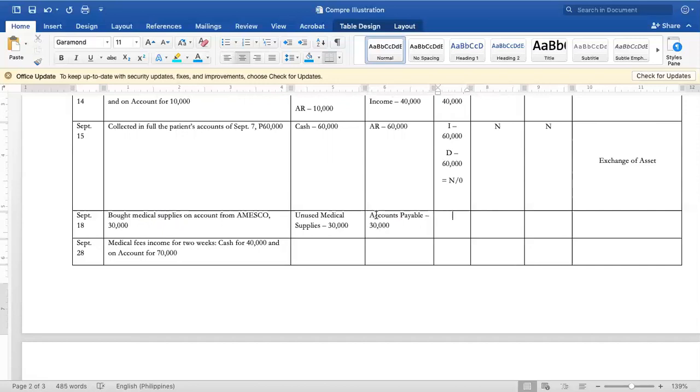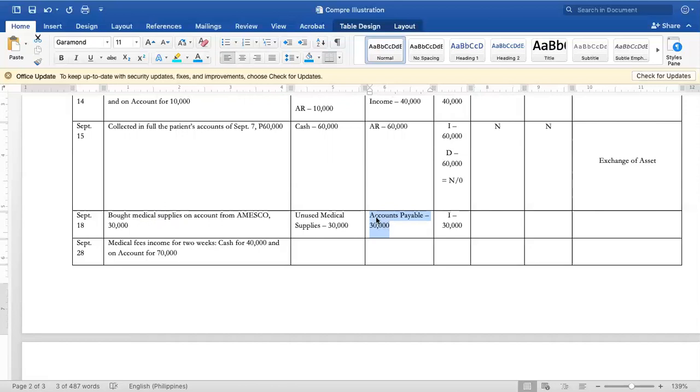Effect on asset. Since we debited an asset account, it will increase your asset account by 30,000. At the same time, the effect on liabilities: yes, there is a liability account.